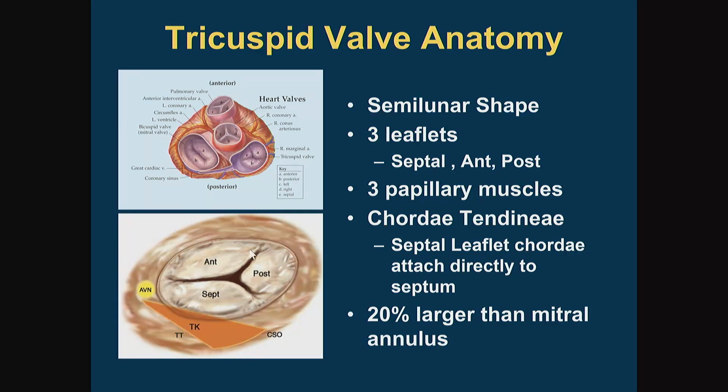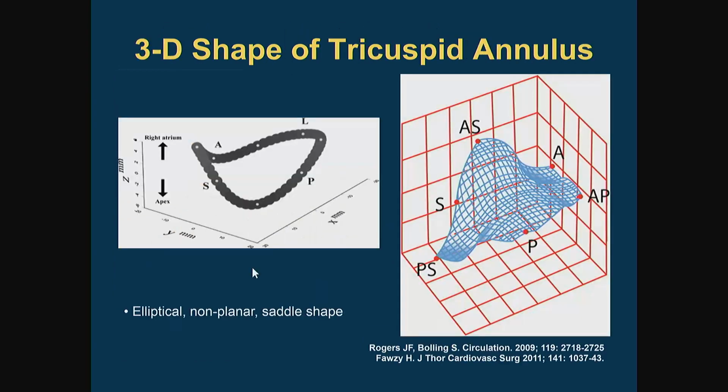The proximity of the annulus to the AV node is one explanation for why, as the tricuspid valve is involved with inflammatory pathology, there's occasionally risk for heart block. And the size of the tricuspid annulus, as you can see, is about 20% larger than the mitral annulus. This is important as a consideration in selection of surgical prostheses.